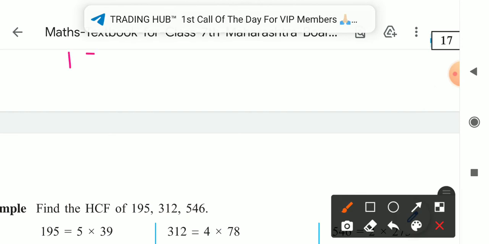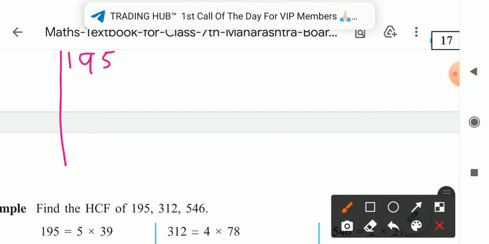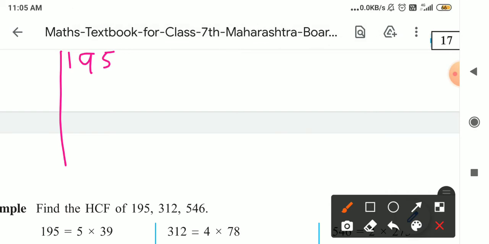So 195. If you apply the 2's divisibility test, this number is not divisible by 2 because 5 is here. If 5 is there, we can apply the 5's test directly. 5 1s are 5, 5 2s are 10, 5 3s are 15. Okay, 19 minus 15 remains how much? 4.